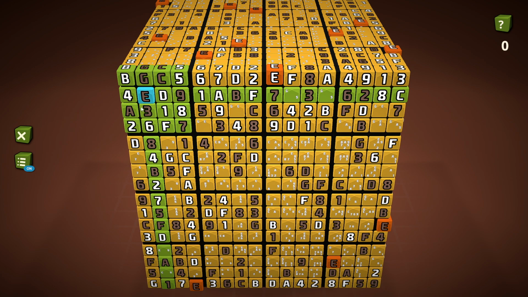Still missing on these like crazy. Yeah. So the E has to be on the 2 right ones. That could be left. And that could be left. Alright.